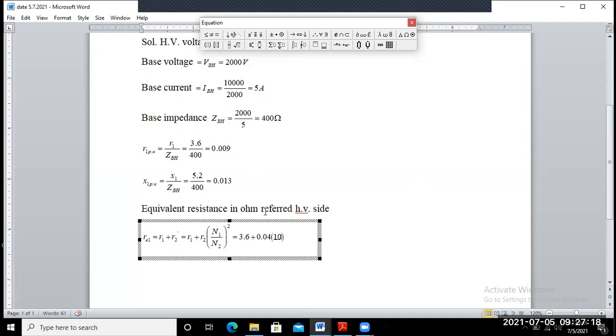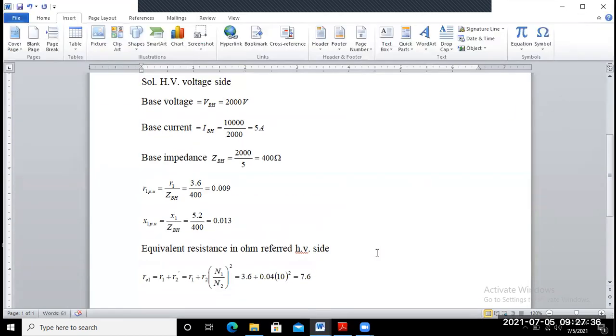So 10 to the power 2 is equal to how much? 100. So this value becomes equal to 7.6 ohm. 7.6 ohm.